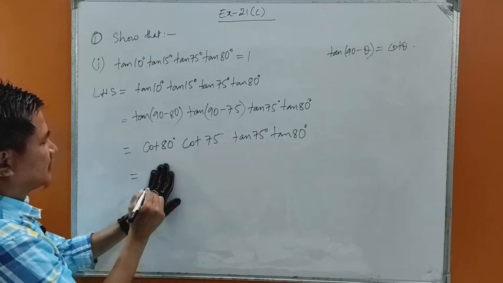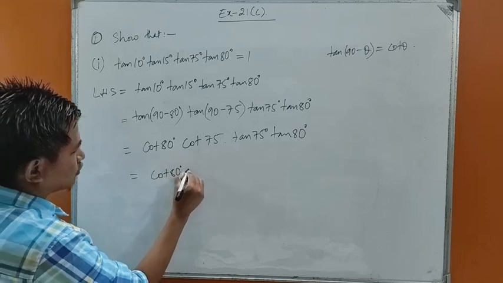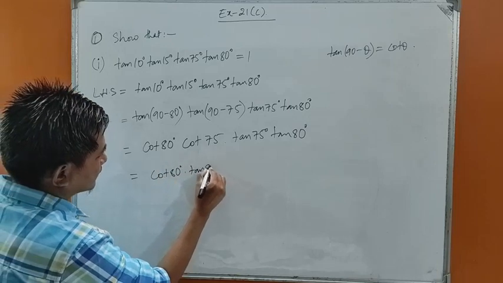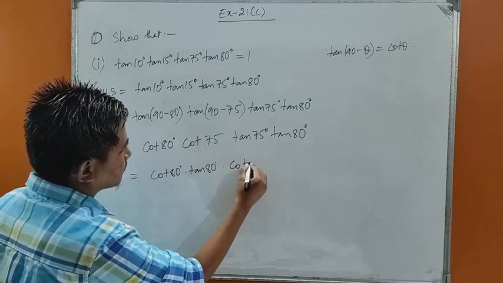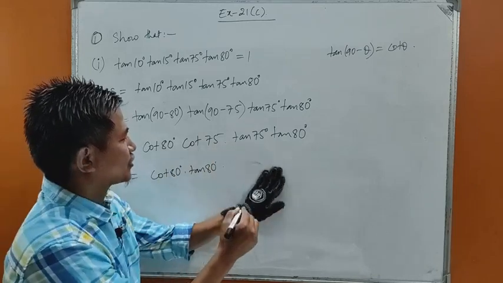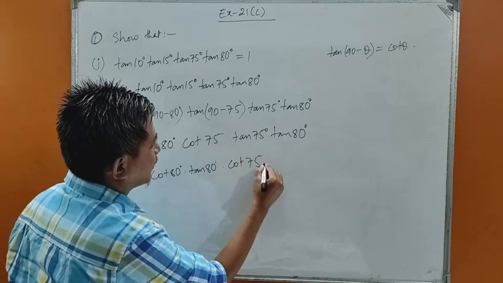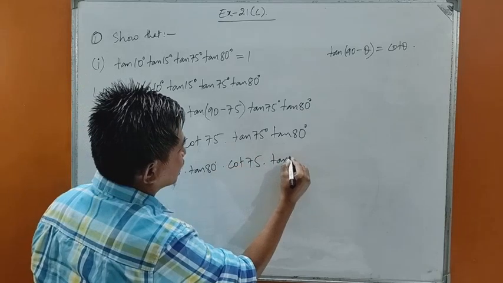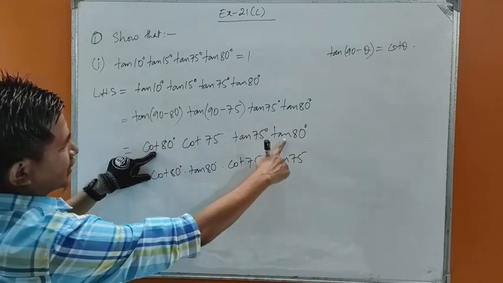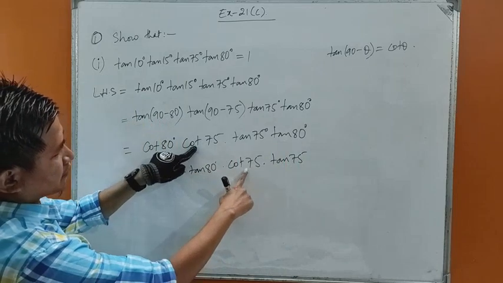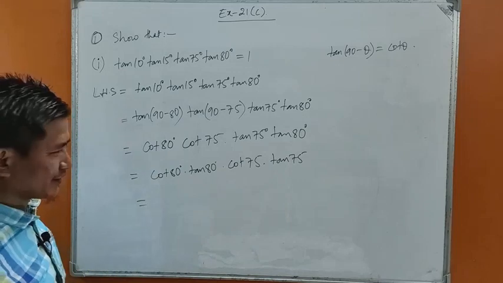Cot 80 degree into tan 80 degree into cot 75, into tan 75, isn't it? Cot 80 is this cot 80, this tan 80 is this tan 80, cot 75, tan 75. Okay, nothing is left, isn't it?